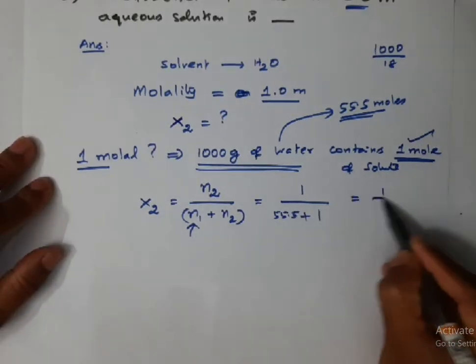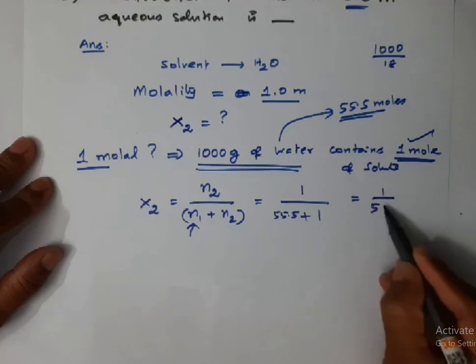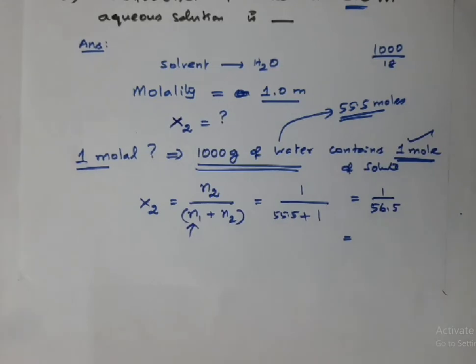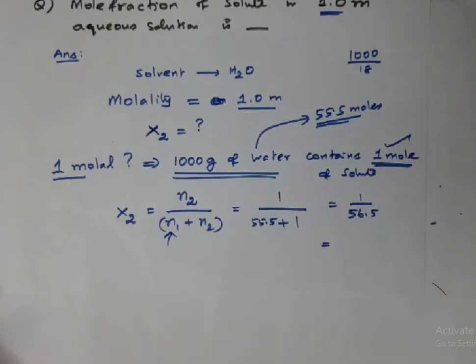Therefore, the value should be 1 by 56.5. Can you tell me the rough value of this? 1 by 56.5. Just give me some rough value. 0.01.